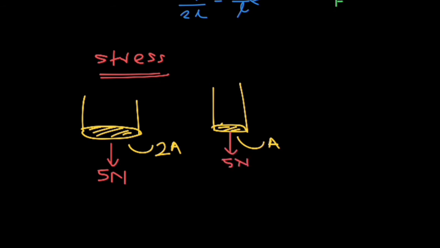Now the applied forces are the same on wire A and wire B. Although the forces are the same, do you think you have the same outcome? No, right? Here the outcome is going to be a larger strain. Here the outcome is going to be a smaller strain.